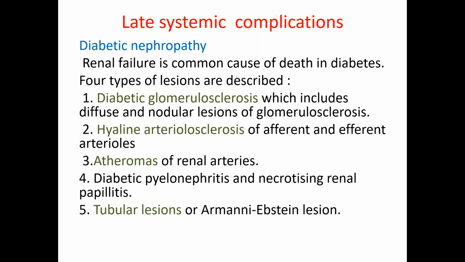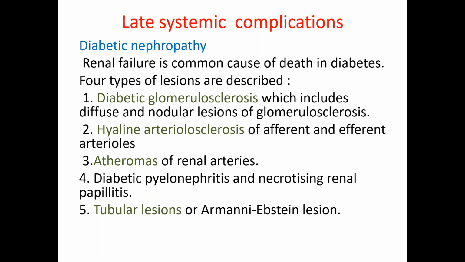That is known as Kimmelstiel-Wilson disease. So this is very important. This may lead to renal failure, chronic glomerulosclerosis, and the blood vessels, afferent and efferent arterioles, become thickened, hyalinized, and the lumen is occluded.